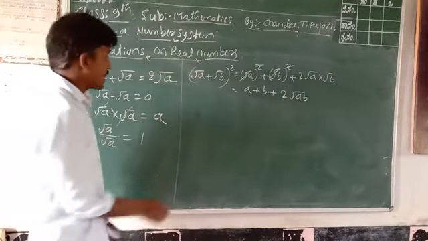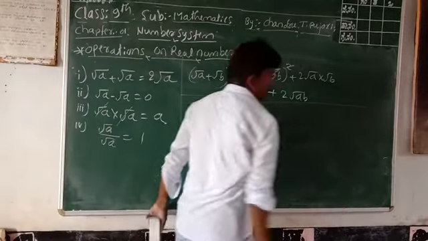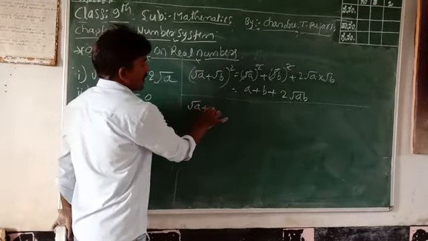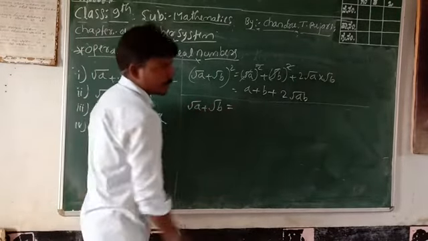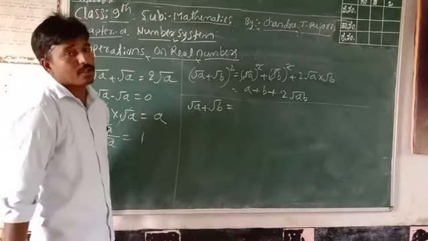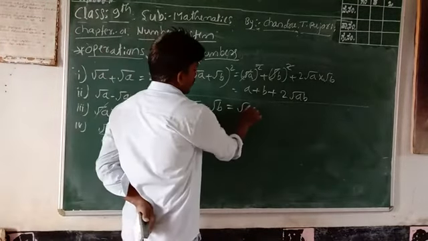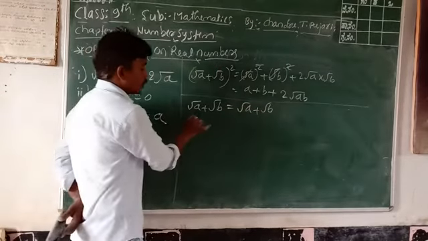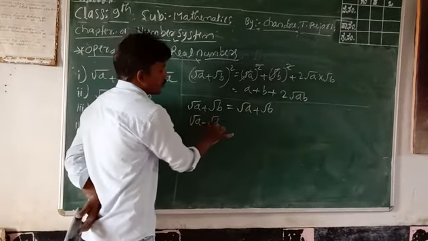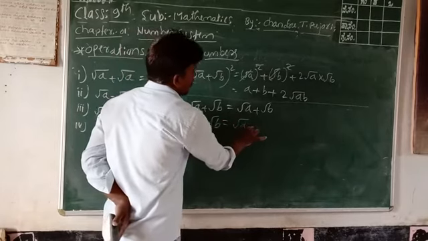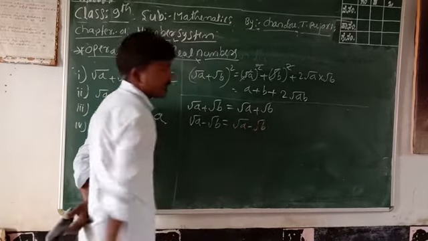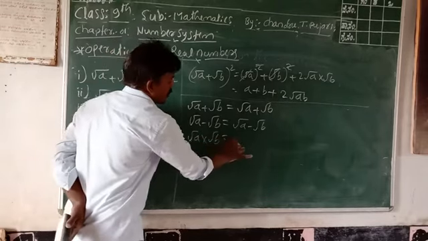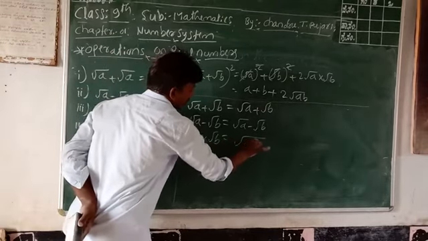Next we can study the different variables. For example, root a plus root b stays as it is, no addition possible. Root a minus root b is the same as it is, root a minus root b. But root a into root b is equal to root ab.